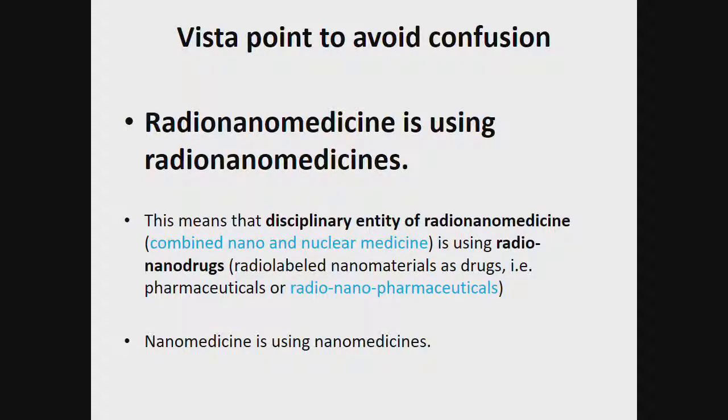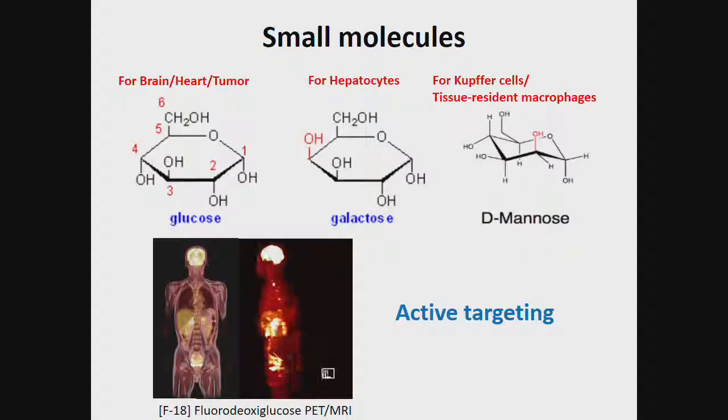Nanomedicine is using radio nanomedicines. Just like drugs, if the plural is drugs, radio nanomedicine is what we are doing. We just have to change it from small molecules, which are quite capable of active targeting. You know, glucose, galactose and mannose differ only in the hydroxyl residue position, but their targets, brain tumor, heart, and hepatocyte or Kupffer cells, are all different.